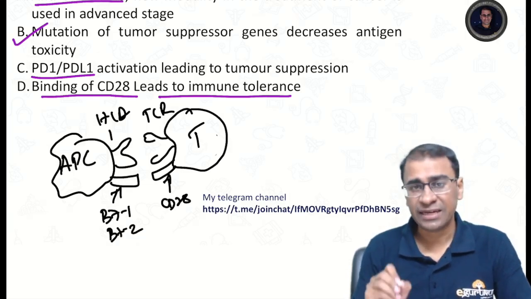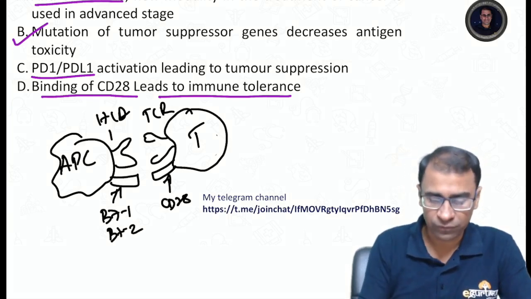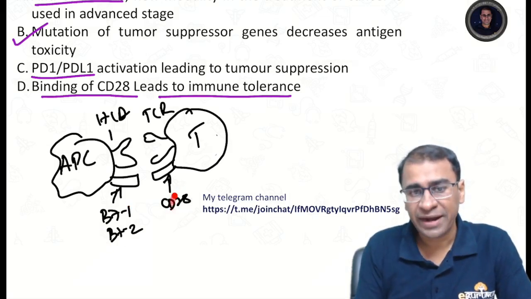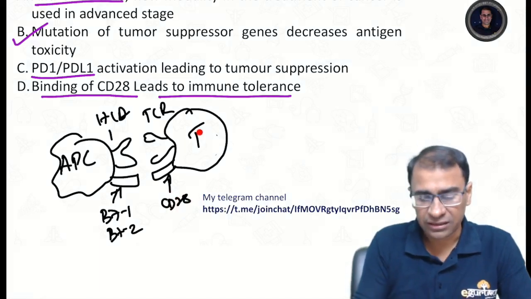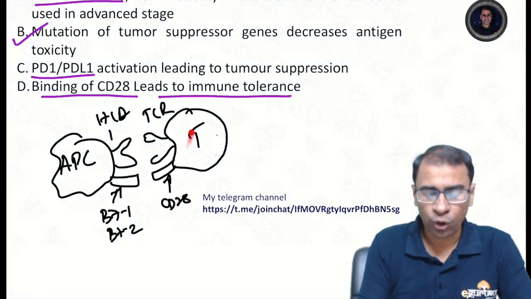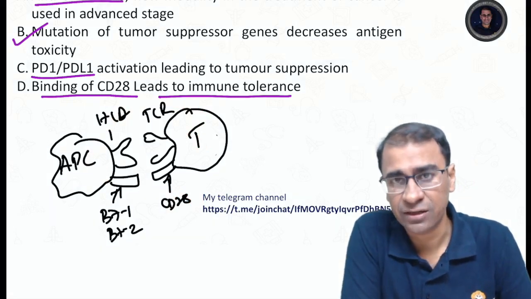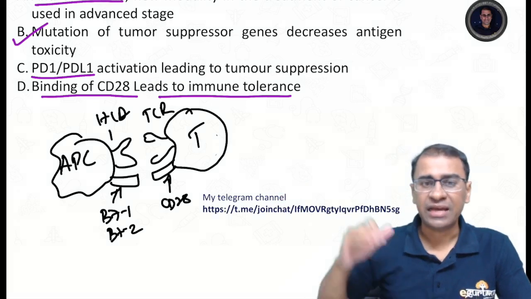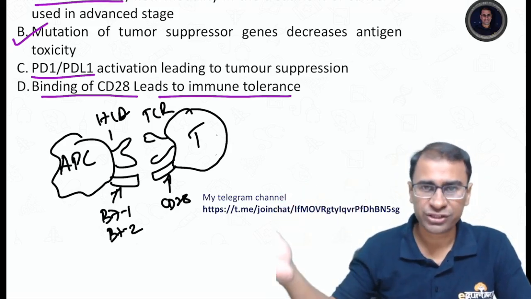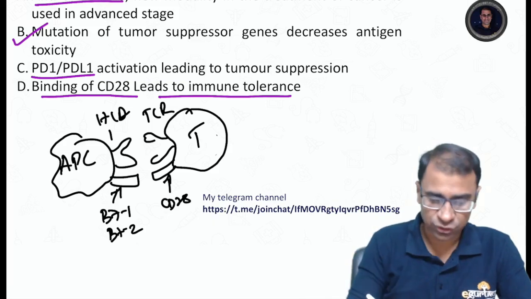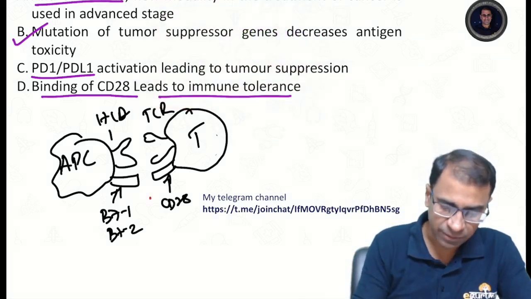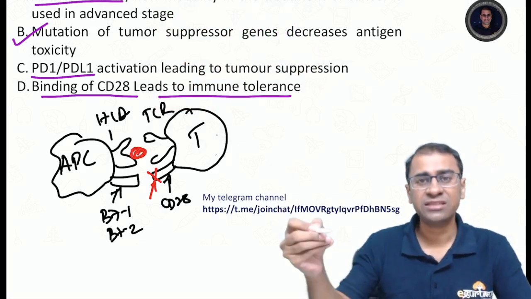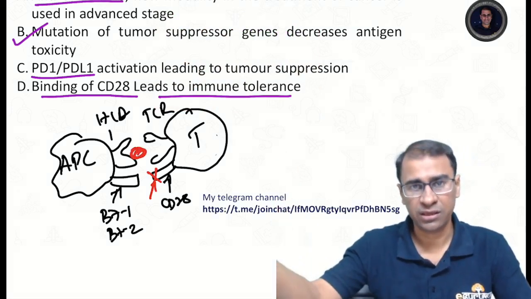Now what happens is that sometimes there's a binding of this molecule so that CD28 is not activated. If CD28 is not activated, the T cell will not be able to destroy any antigen. Similarly, if there is a binding of CTLA4, then the antigen is not destroyed and it's called immune tolerance. So understand, if something binds here and blocks this, the T cell is not able to destroy the antigen, and hence it will lead to immune tolerance.